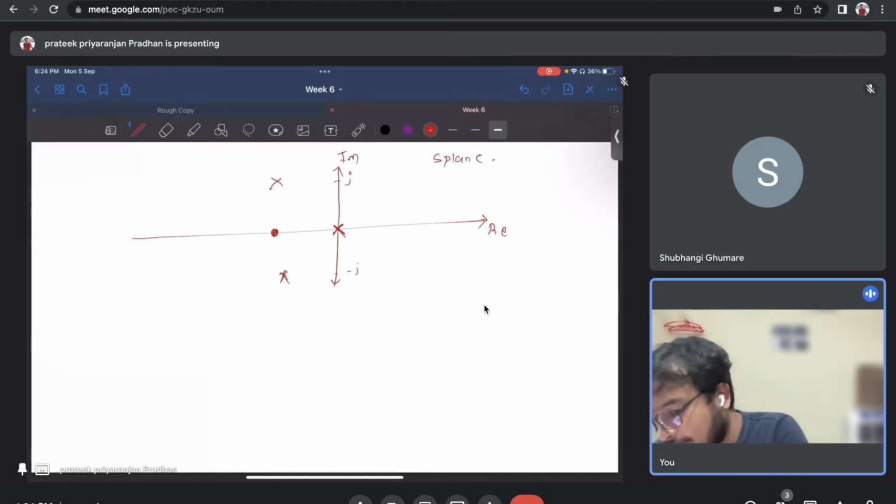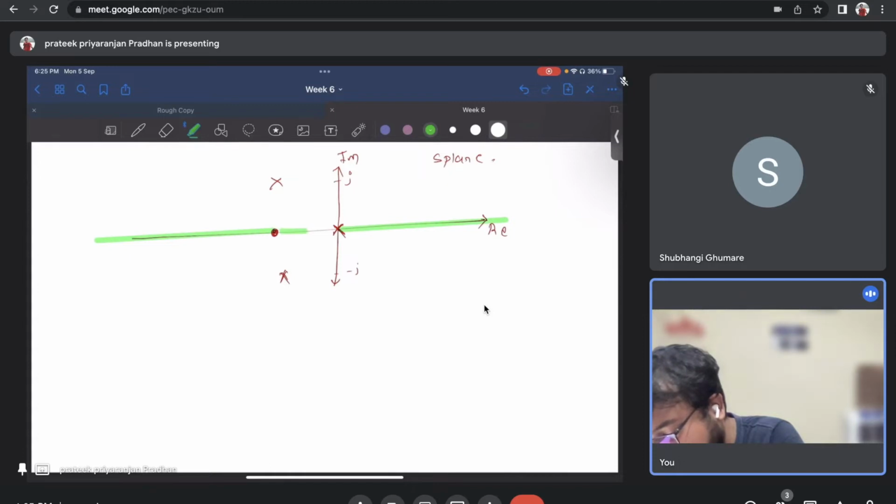So let's divide the region of real axis into 3. This is 1, this is 2, and this is 3. This is at -1 and this is 0.